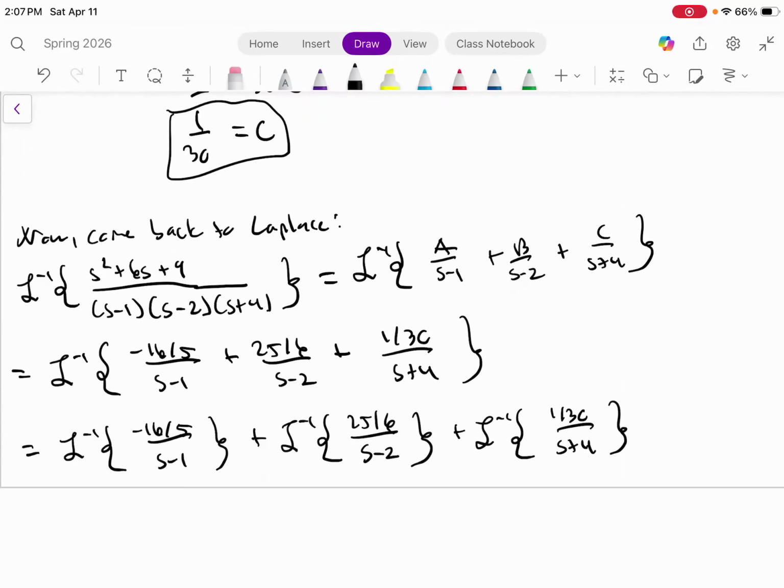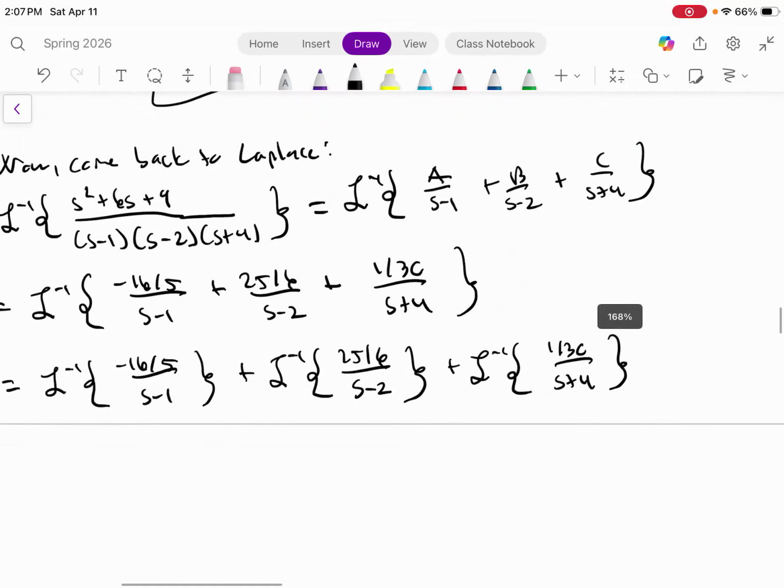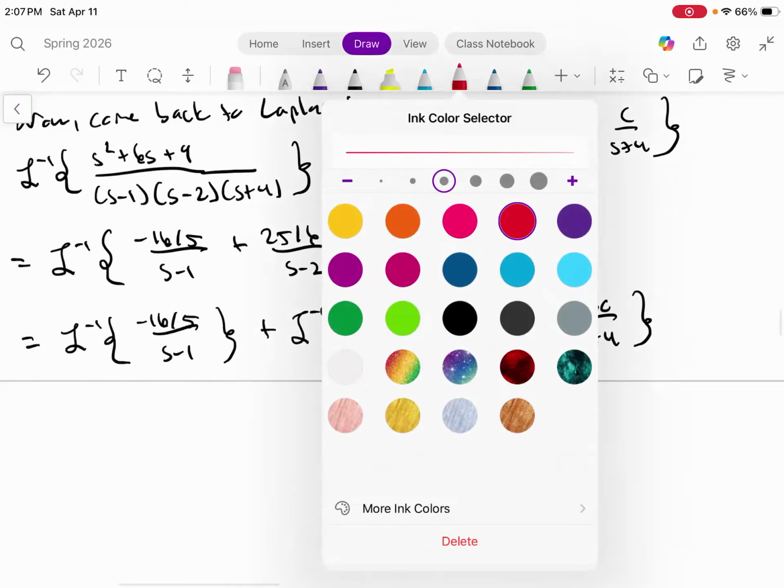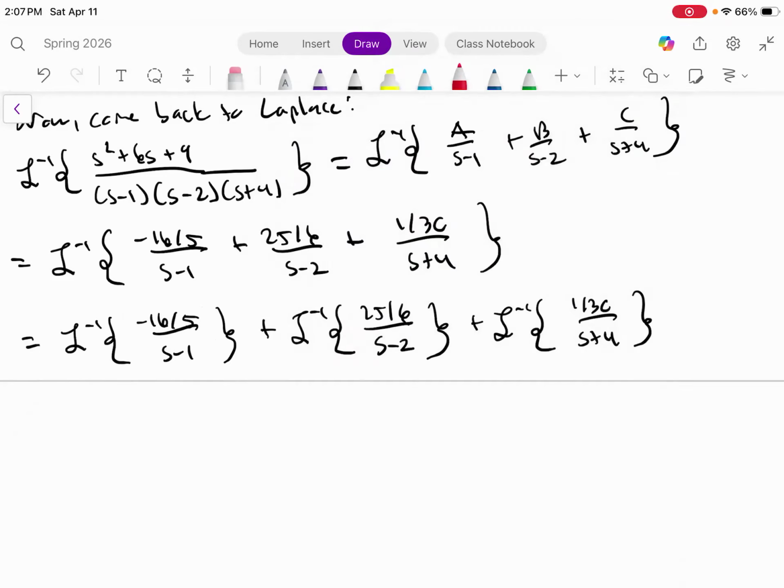We're still trying to inverse Laplace these, so one thing that might help is to take the constants out. So, separate and then take constants out.